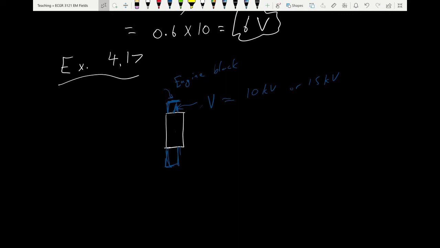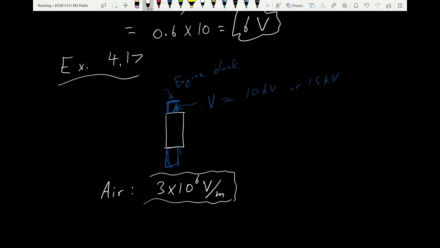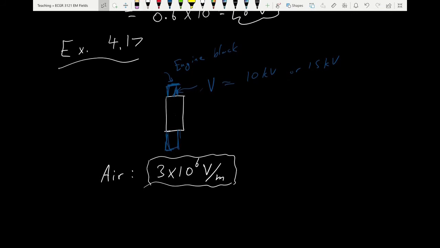And we remember that for air, the dielectric strength is 3 times 10 to the power 6 volt per meter. Okay. So this tells me how much electric field I need in here to break down the air and cause a spark.